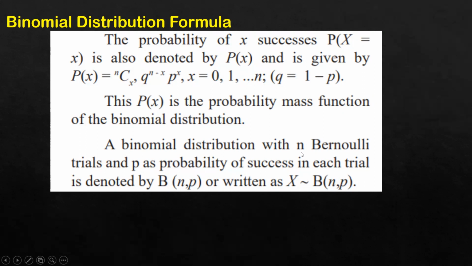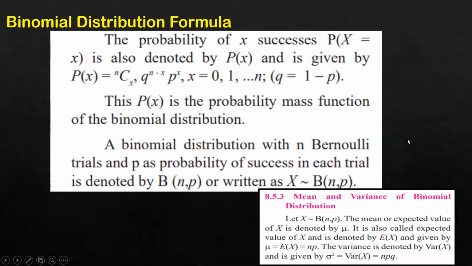Also, a binomial distribution with n Bernoulli trials and p as probability of success in each trial is denoted by B(n, p), or written as x follows B(n, p).